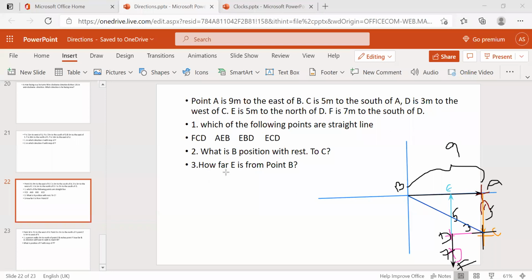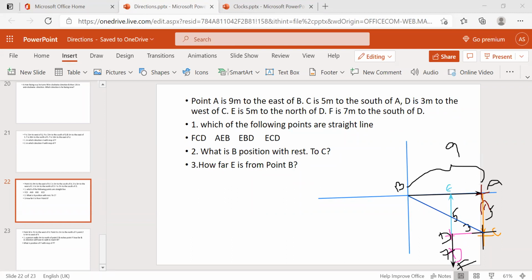How far is E from the B point? Where is the B? Here. Where is the E? Here. But we don't know this distance. We know the total distance from B to A is 9 meters.